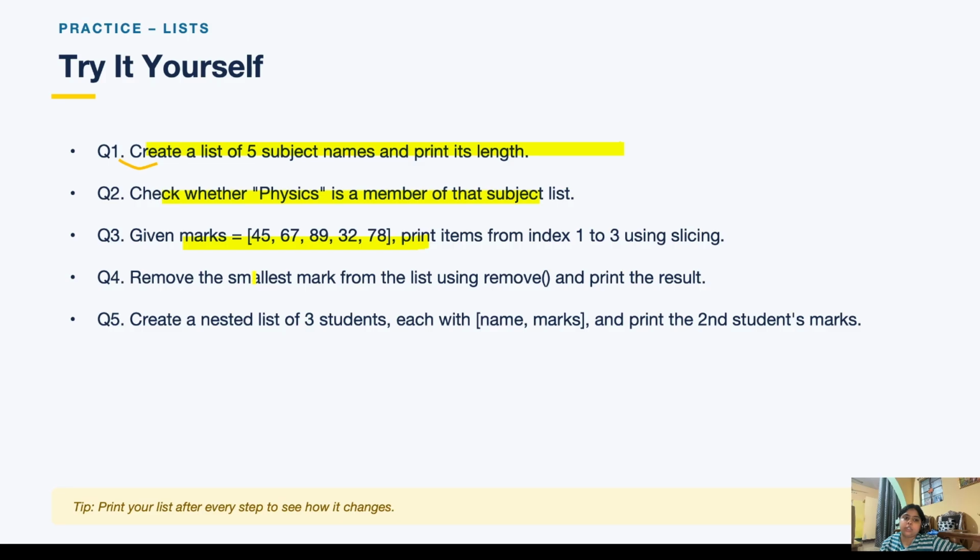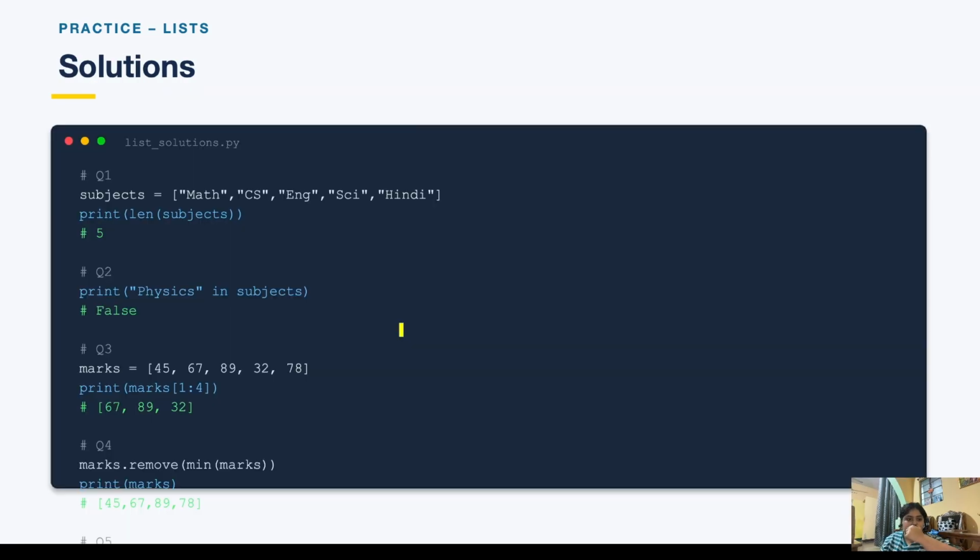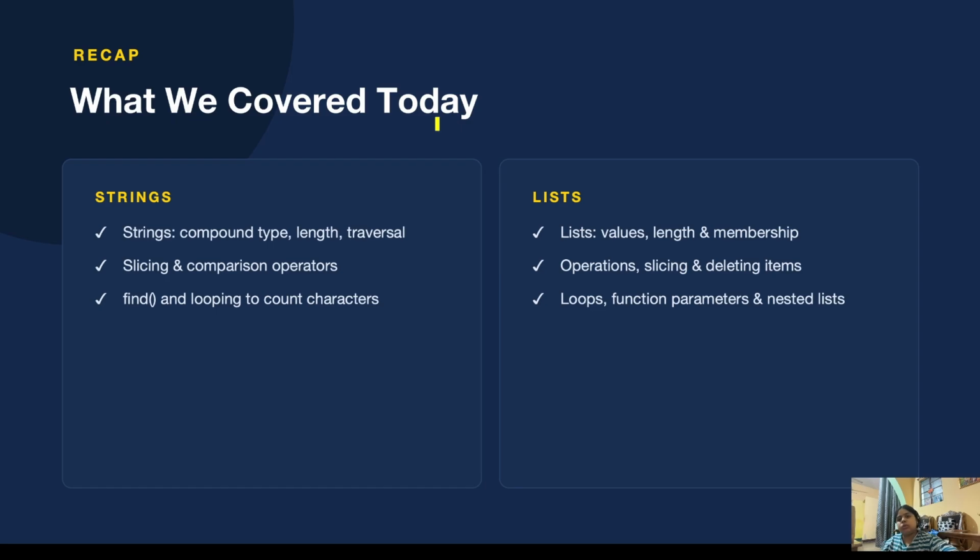Then remove the smallest mark from the list using remove and print the result. Then create a nested list of 3 students, each with name and marks, and print the second student's marks, right? The solutions are provided as well, so don't get confused about it. So this was all about today's lecture.